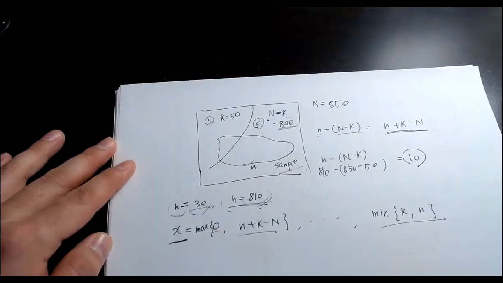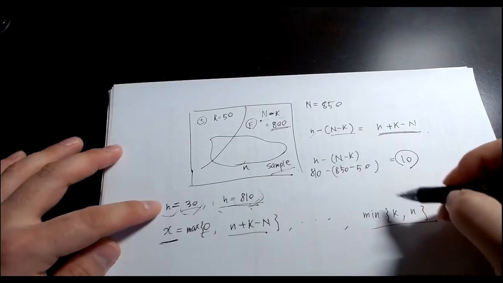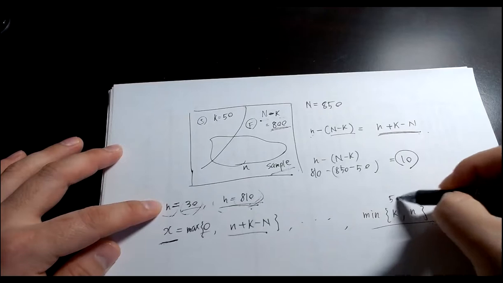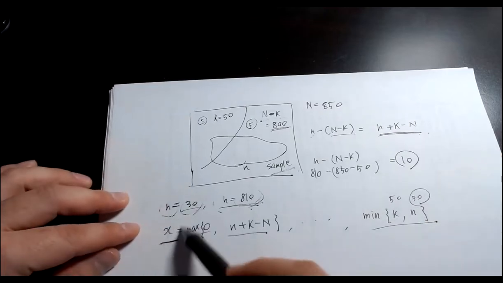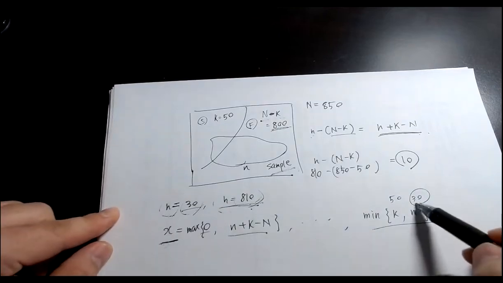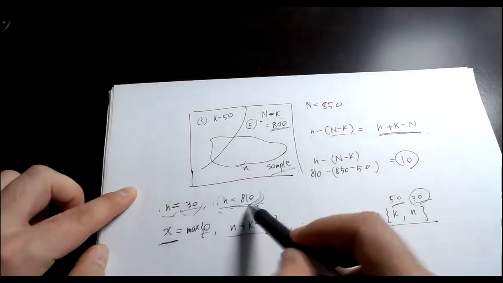So when n equals 30, k is 50, n is 30. We have to select 30; the maximum value of x must be 30, not 50, because the sample size is 30.